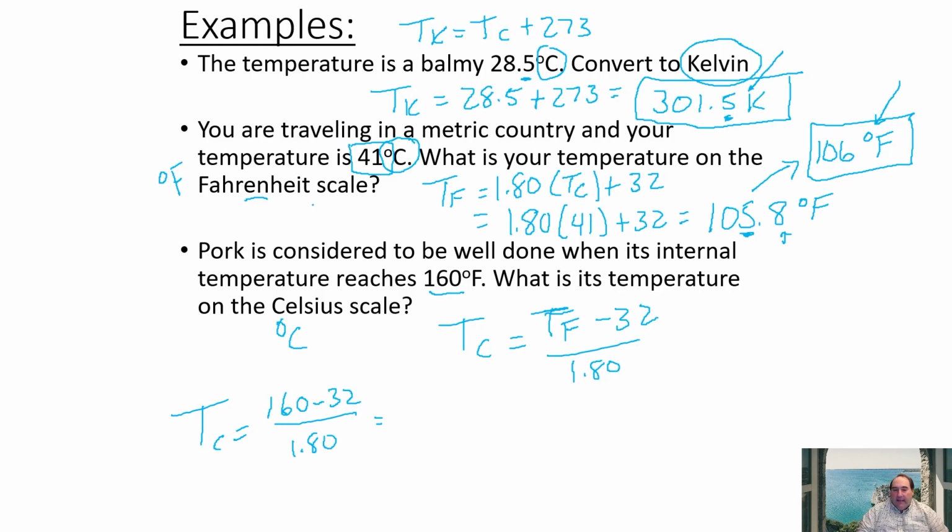Going to give us on our calculator 71.1111. I got a lot more ones, actually. 111 degrees Celsius. Once again, here we're looking at a whole number. So in the case of temperature conversion, 71 degrees Celsius would be the proper way to do that.